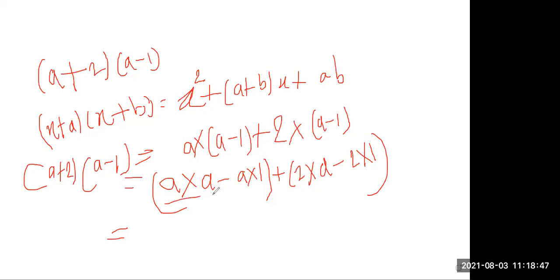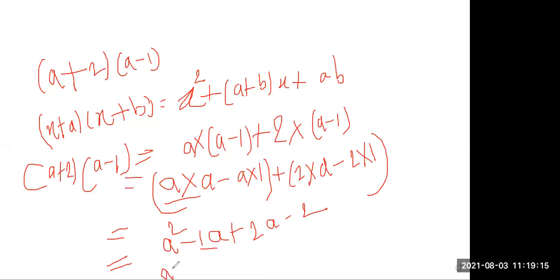So what will we get? In the first bracket, a into a is a square, minus a. Here you can write minus 1a if some are not getting it. Now here plus 2a, and minus 2 into 1, which is 2. Now you see, this is a minus 1a, this is a plus 2a.